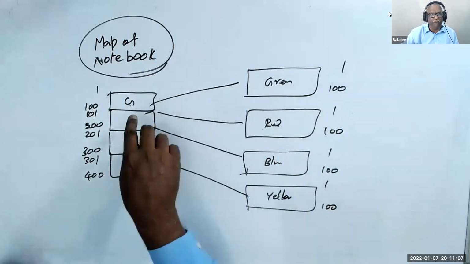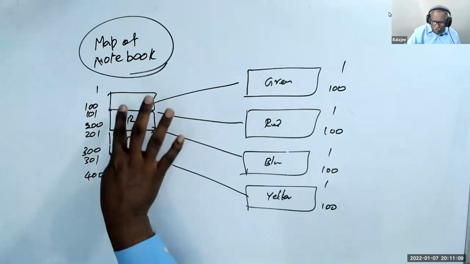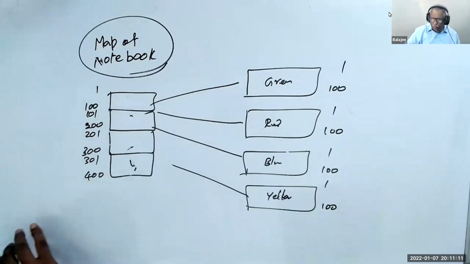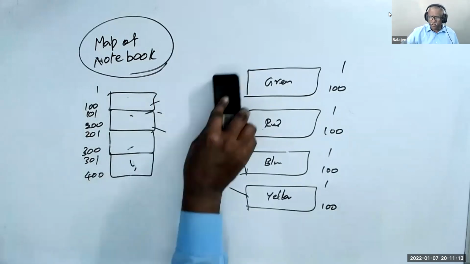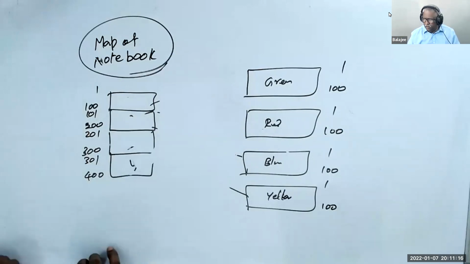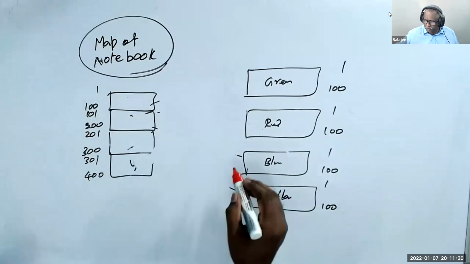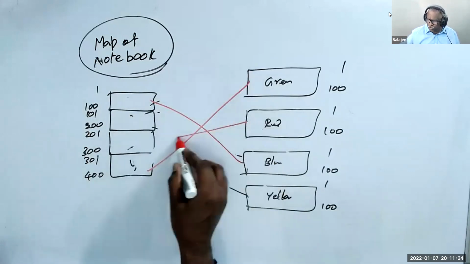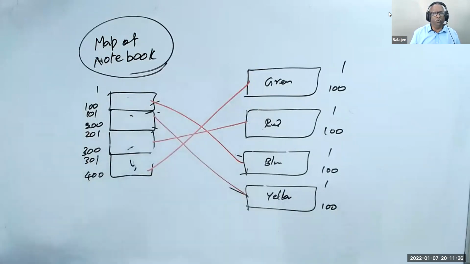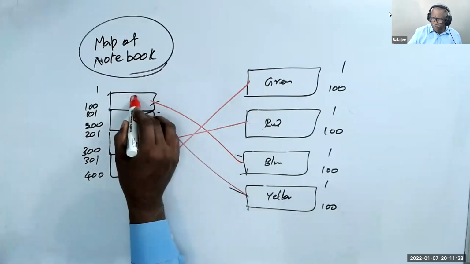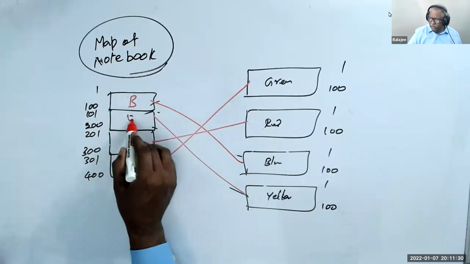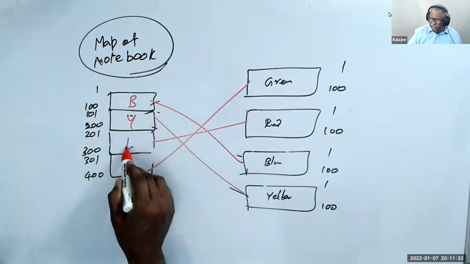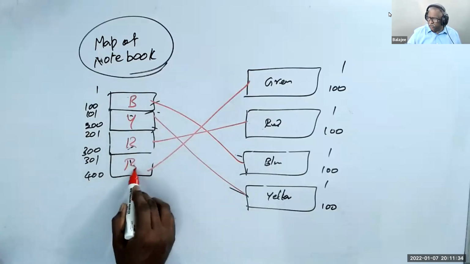But for example, I change the notebooks. I now put blue as the first notebook, green as the last notebook, red as the third notebook, and yellow as the second notebook. Now this is blue, this is yellow, this is red, and this is green.